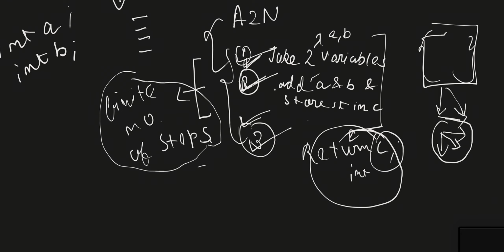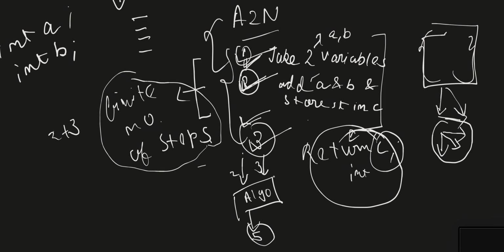What deterministic means is, let's say we are adding two numbers, 2 plus 3. We have written our algorithm in such a way that after adding this it gives 5, but when we run it again, after some time it gives 8. This should not happen. It has to be deterministic.